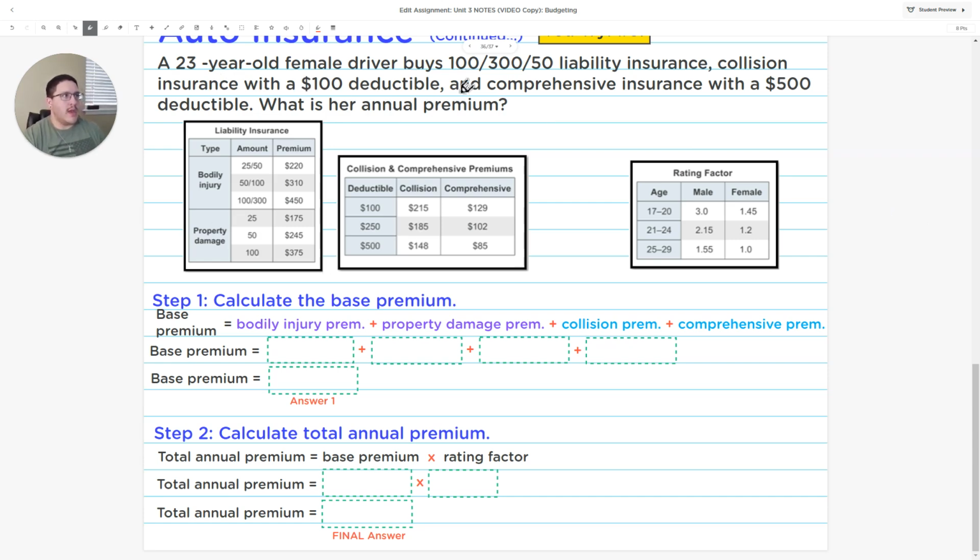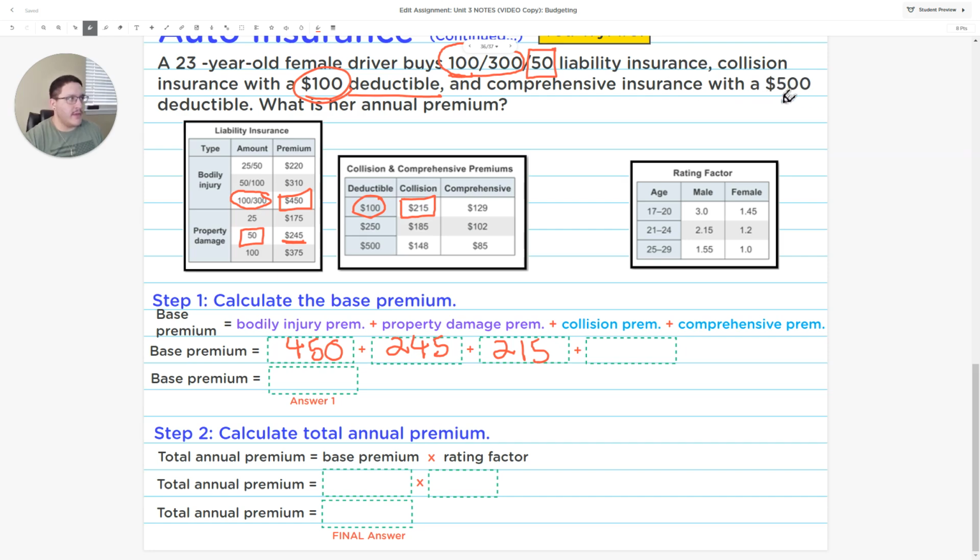So we know that 100 and 300 is the bodily injury. So we know that 450 is being added to the premium. Property damage is the 50 right here. So 50 means 245 for property damage. Collision premium is a $100 deductible. So $100 for collision is $215.